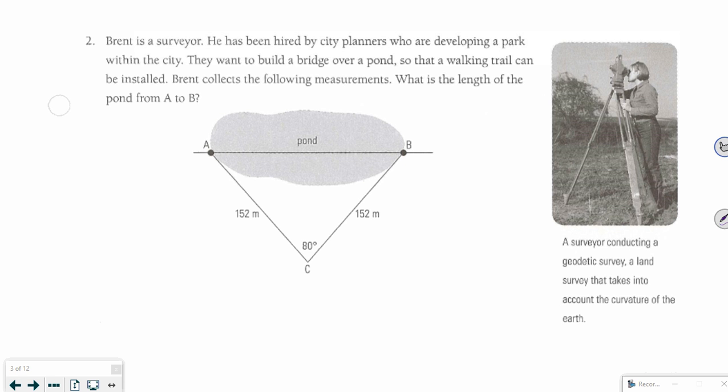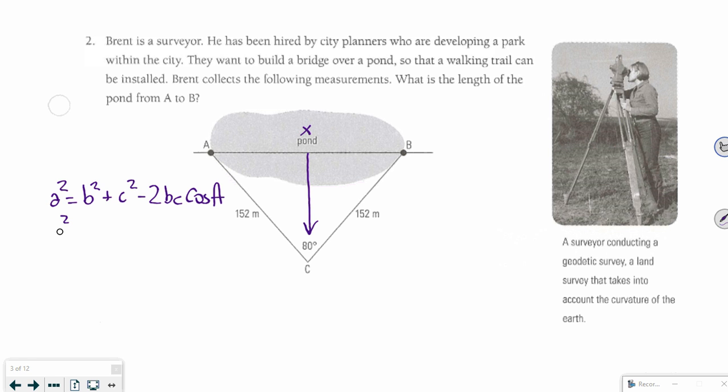We are looking for this side over here. We know the angle directly across from it. We have our other two sides. That means we can use our cosine law. So we're going to say a squared equals b squared plus c squared minus 2bc cos of the side across from the angle we're looking for.